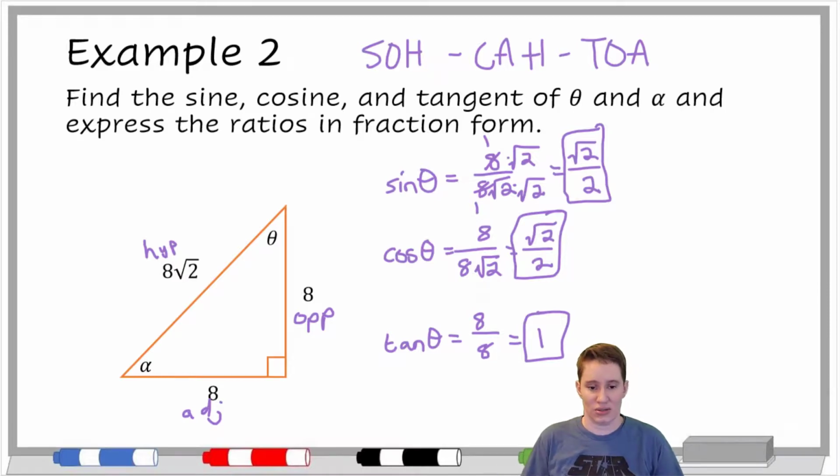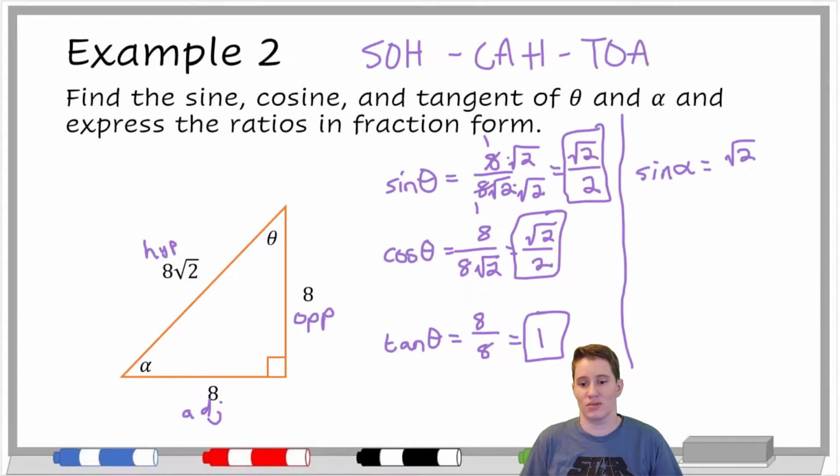Now let's look at sine, cosine, and tangent of alpha. Sine of alpha, so opposite over hypotenuse. And I relabeled these as I was talking. So 8 over 8 square roots of 2, which again simplifies to be square root of 2 over 2.